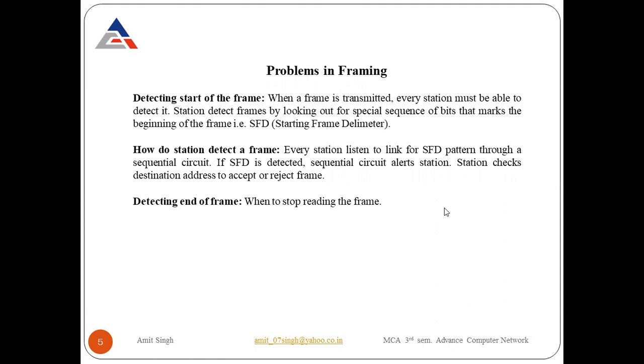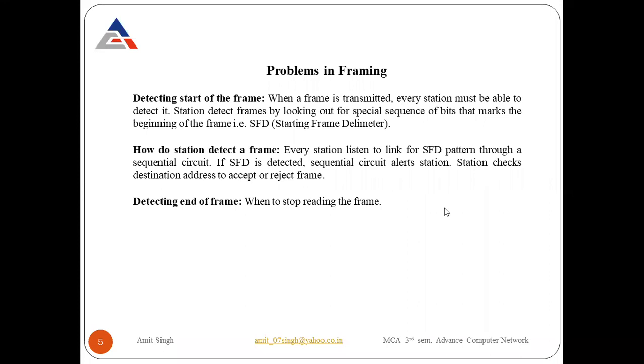Whenever the SFD, the start frame delimiter, is detected, the circuit automatically alerts all the stations. After alerting, all the stations check the destination address mentioned in the header. If the destination address matches that particular station, then that station accepts the frame. Otherwise, it does not accept the frame. It rejects the frame or sends it towards the next stations. So this is the second problem.